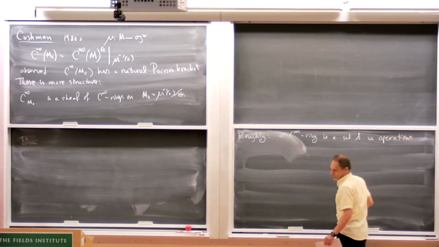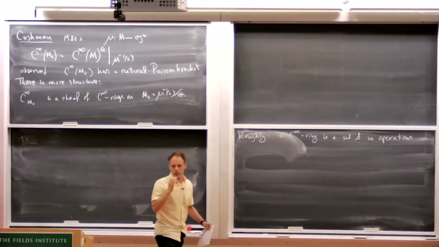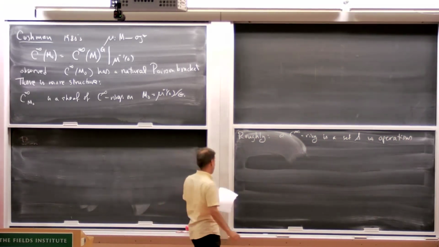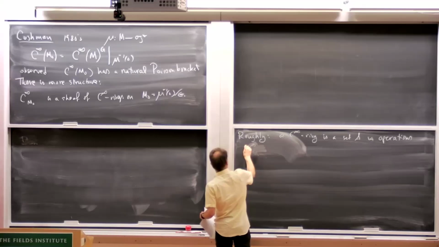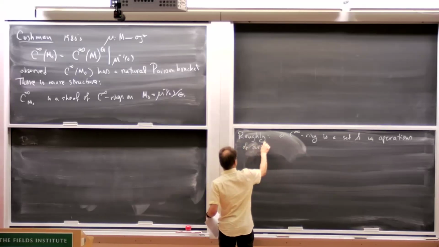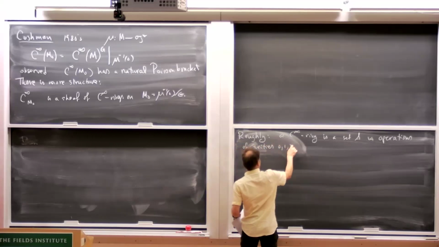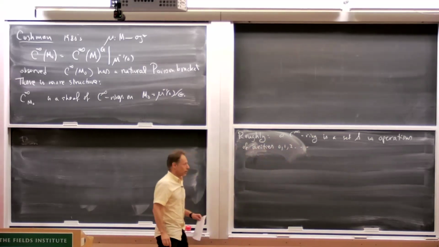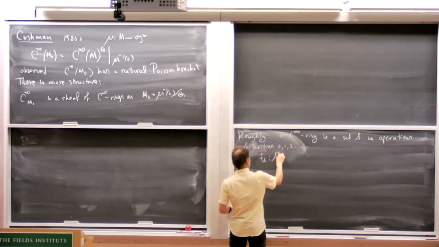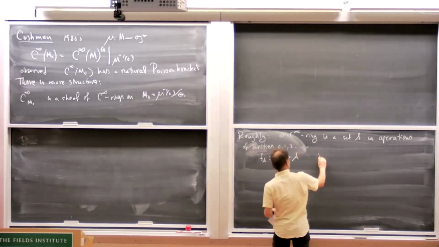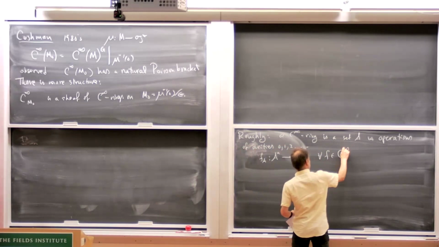You can think of universal algebras if you ever run into universal algebras; otherwise, just trust me. Of arities 0, 1, 2, and so on. And you get one operation, one n-ary operation for any smooth function.